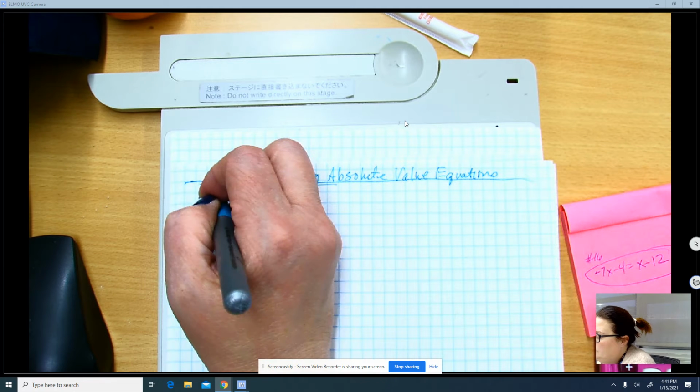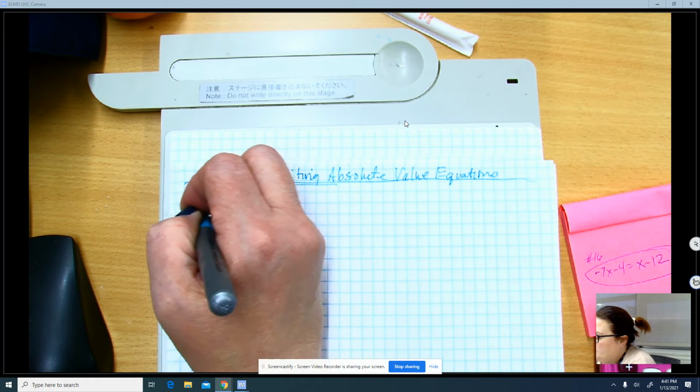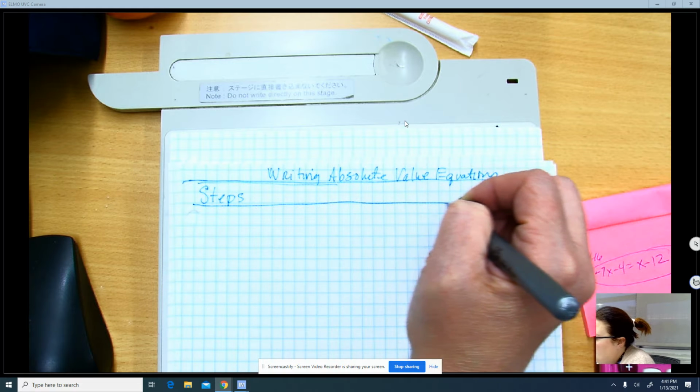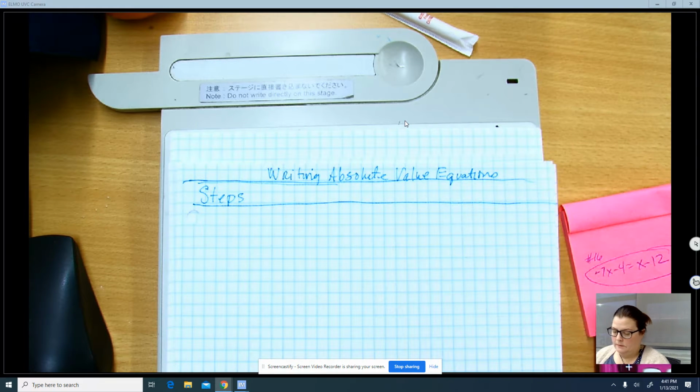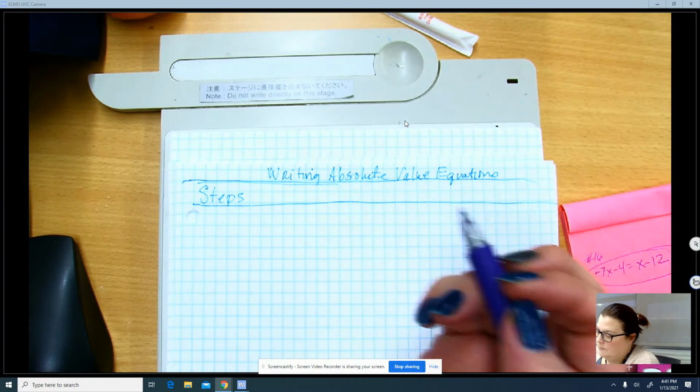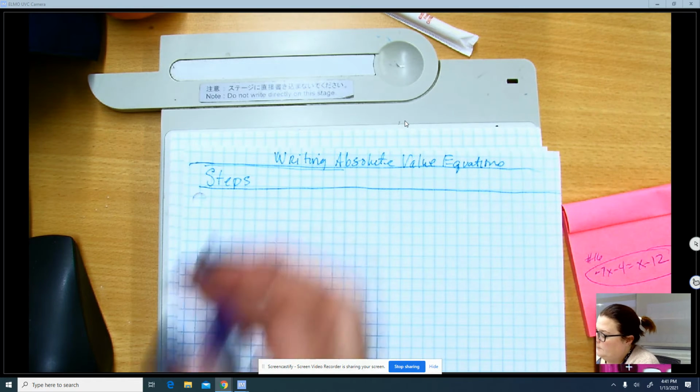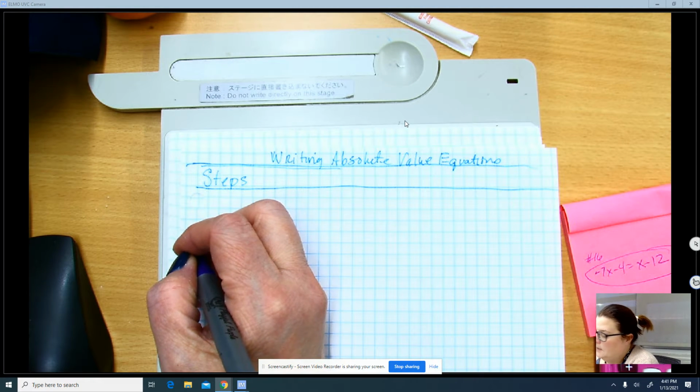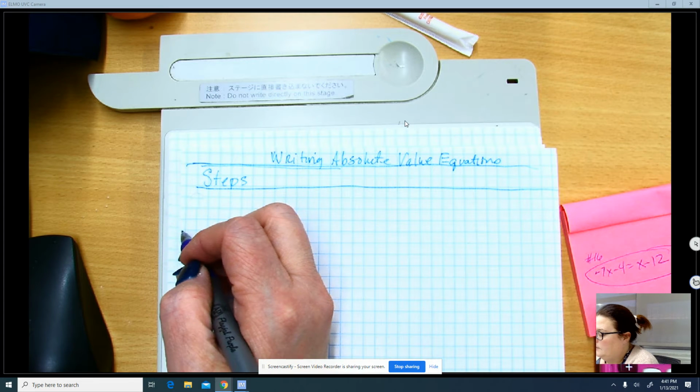Okay, we're going to go right to the steps for accomplishing this. I'm going to leave some extra space here because some of the example questions are going to take up a little bit of room.